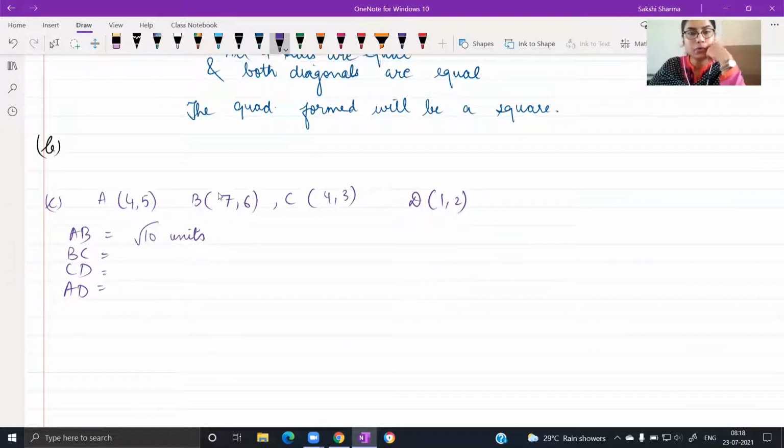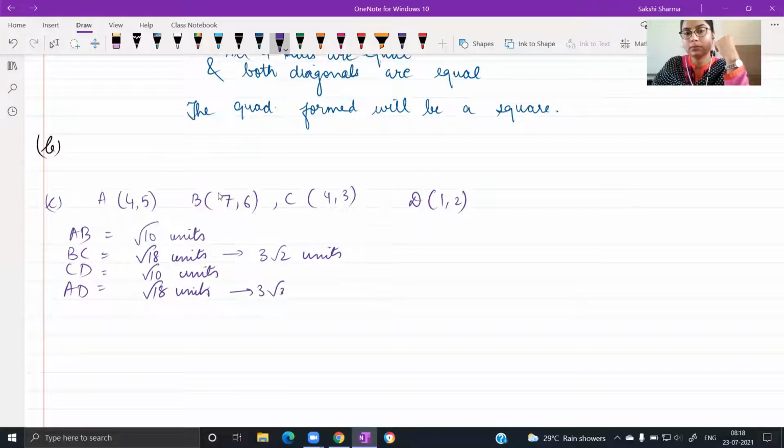BC, 3, 9, 18 units, root 18 units. So this can be simplified if you want. You can convert it into 3 root 2 units. Then CD, again root 10 units. AD, so we see opposite sides are equal.